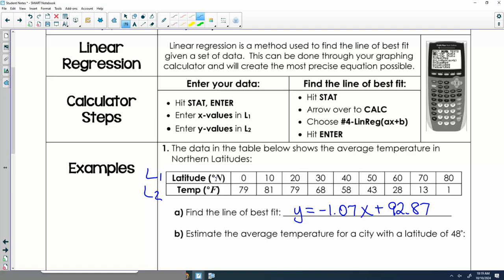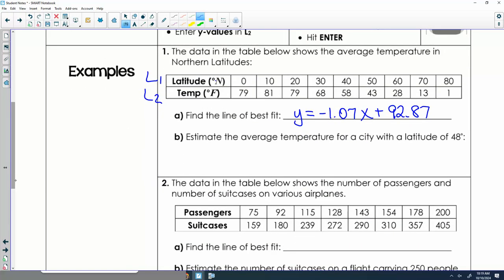So now we have the equation. We didn't have to do any of the calculations ourselves. Part B, estimate the average temperature for a city with a latitude of 48. In this table, it's doing the first one as your x and the second one as your y when it writes our equation.